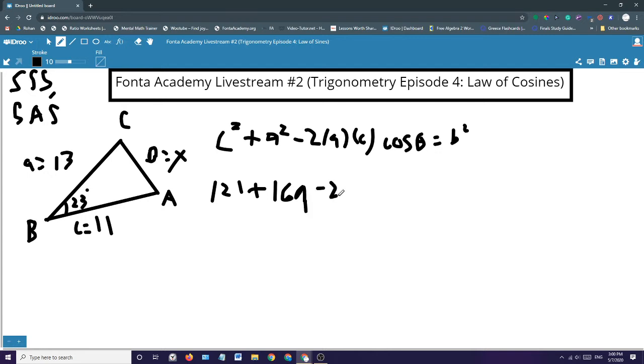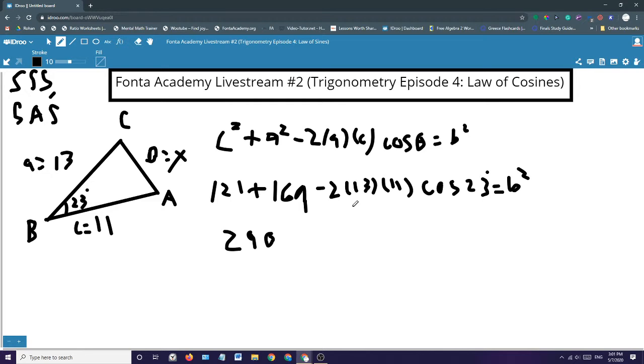Minus 2 times 13 times 11 times cosine of 23 degrees equals B squared. Let's add 121 plus 169. That'll give us 290.